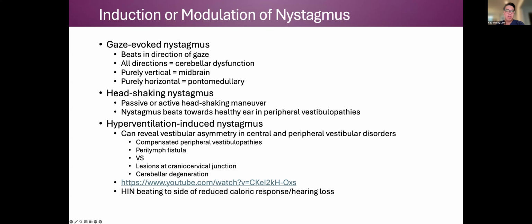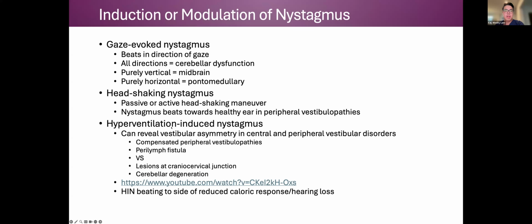If they're purely vertical, midbrain, and purely horizontal, this localizes more to the pontomedullary region. And then there's head shaking nystagmus, which is similar to the head impulse test. Nystagmus in this case beats towards the healthy ear when you have a peripheral vestibulopathy.